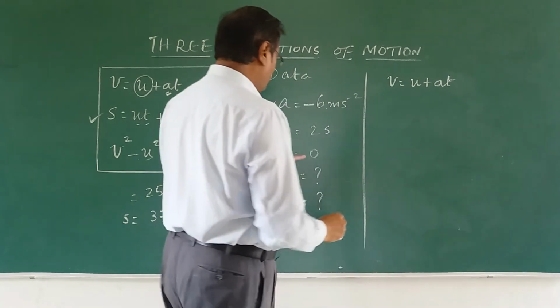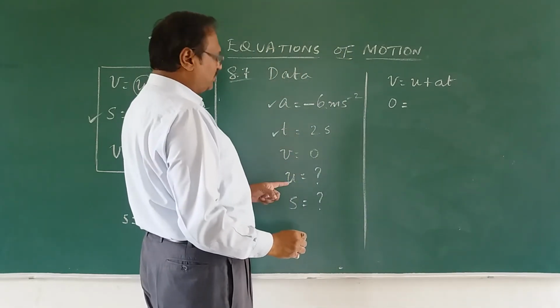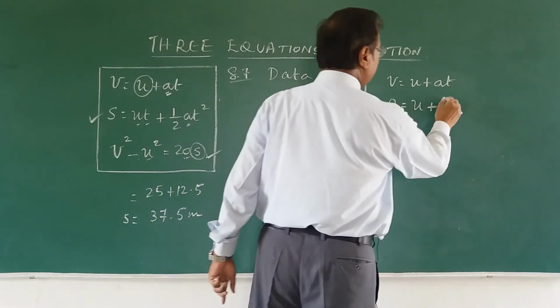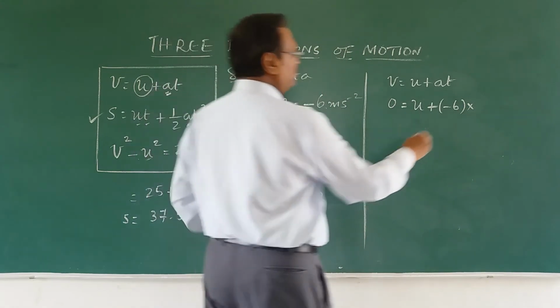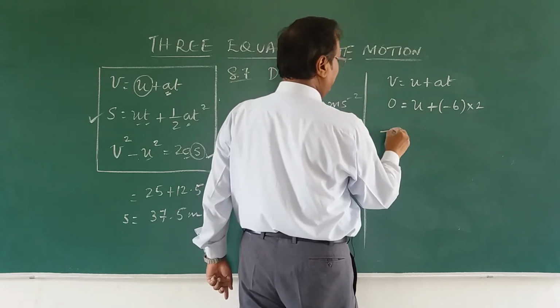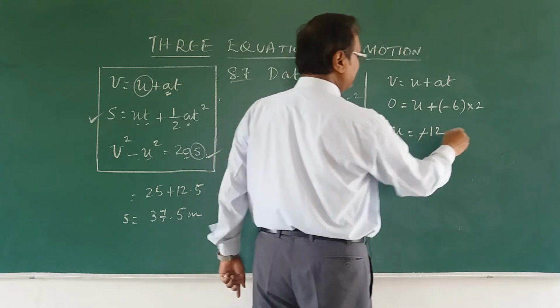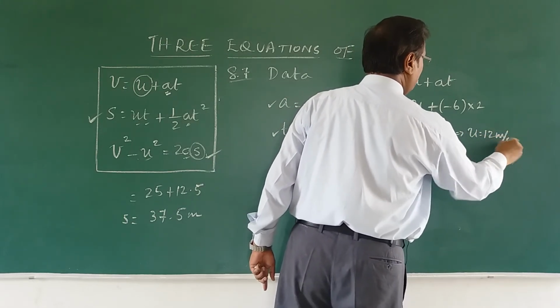V is how much? The body is stopped, so 0 is equal to U, which we don't know, plus acceleration minus 6 into time 2. So minus U is equal to minus 12, which gives U is equal to 12 meter per second.